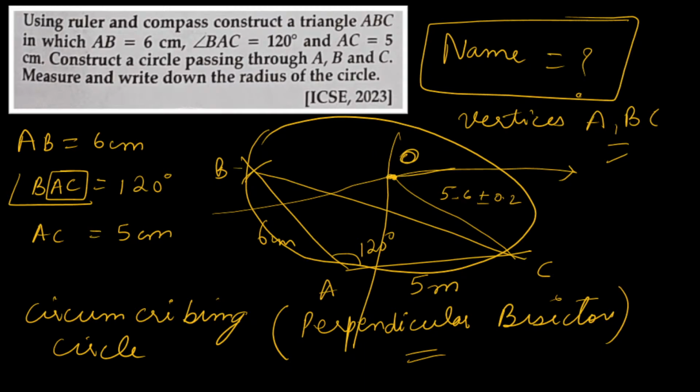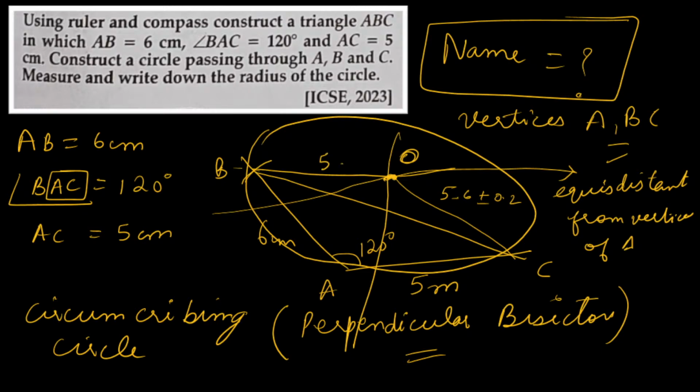This is the circumcenter, and you can see the circumcenter is equidistant from the vertices of a triangle. Vertices means these points A, B, C. OB is 5.5 centimeter, OA is also 5.5, and OC is also 5.5. So this you have to remember, the circumcenter is equidistant from the vertices of a triangle.